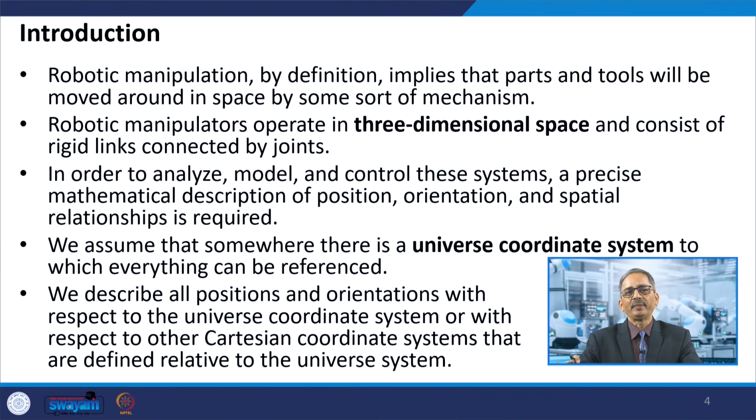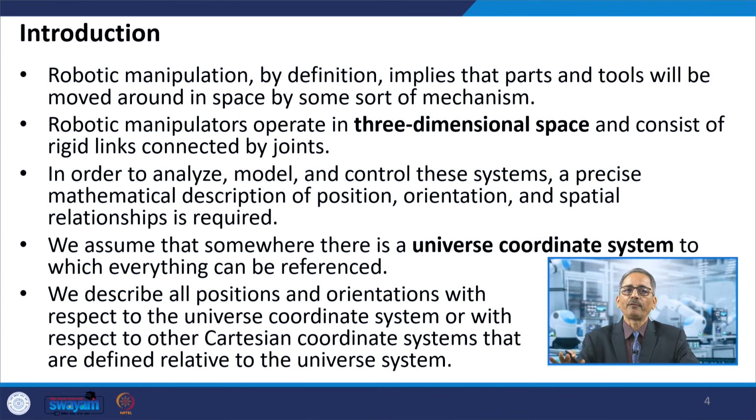Now, when we are trying to represent something, naturally we need to have a coordinate system with respect to which I can define the position and with respect to which I can also define the orientation. So, we need a universal coordinate system with respect to which I can refer everything.